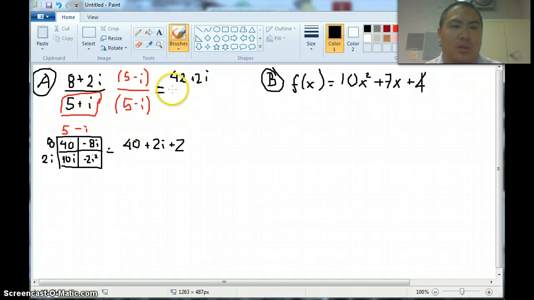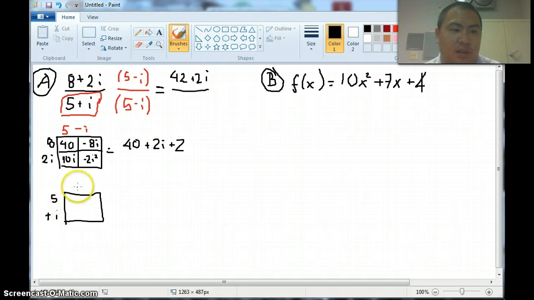So 42 plus 2i all over. Now I need to do the bottom part. I'm going to save time on this part. If you were to set it up, it would be 5 plus i and 5 minus i, and you could do it like that. But I've gotten so used to seeing that anytime you multiply conjugates, it's called a difference of squares.